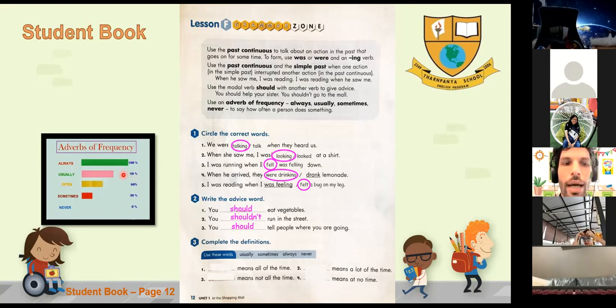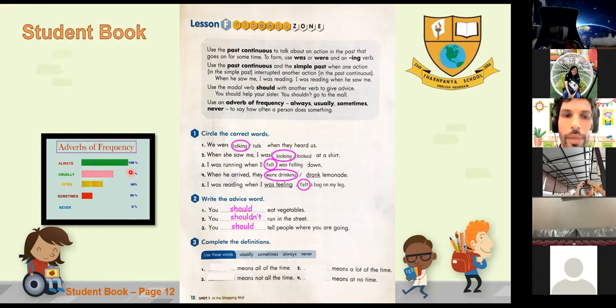So you can say, I usually read a book during the week. So 80% of the days of the week, I'm reading a book. So we use the word usually. I usually read a book during the week. It means about 5 days of the week.